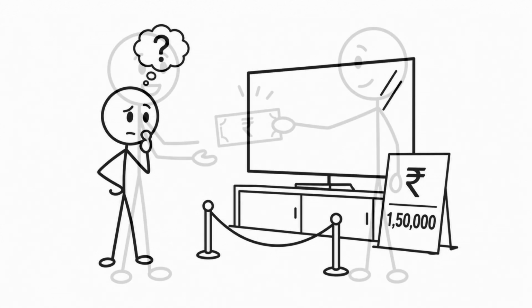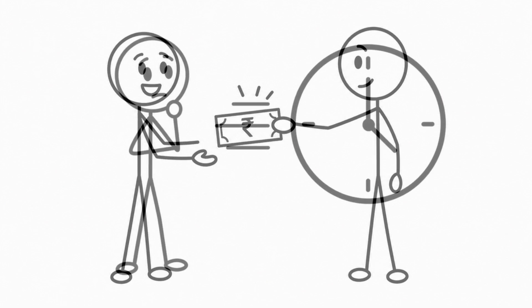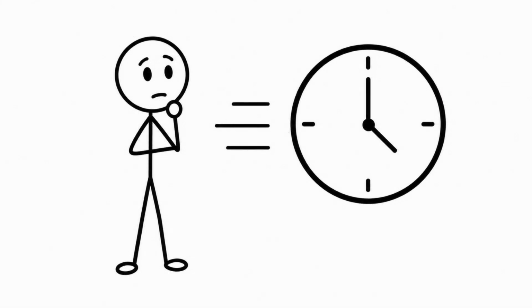Third, income share. If a product takes up a large portion of someone's income, people are more sensitive to price changes. Fourth, time. Over time, people adjust their behavior, find alternatives, and demand becomes more elastic. So elasticity tells you how sensitive customers are to price changes.